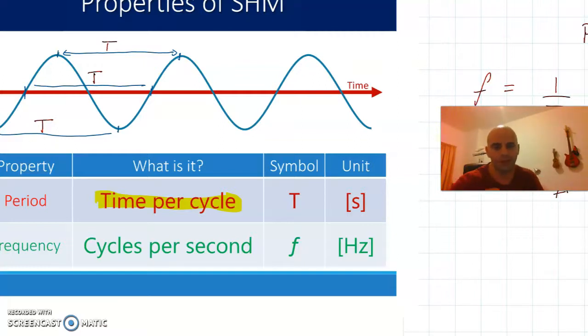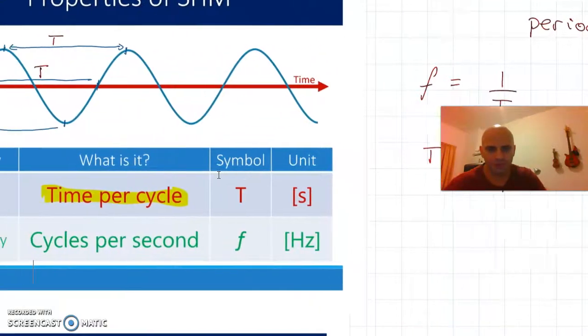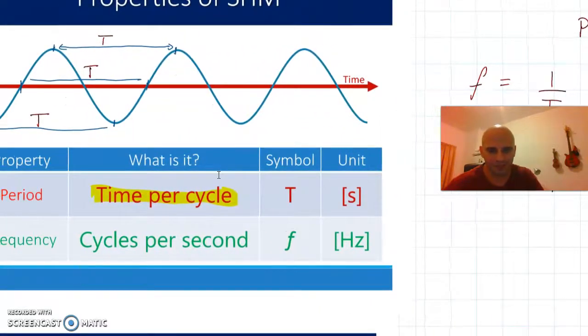Now the frequency is 1 over the period. The unit on this one is hertz. Now hertz is not really an SI unit.